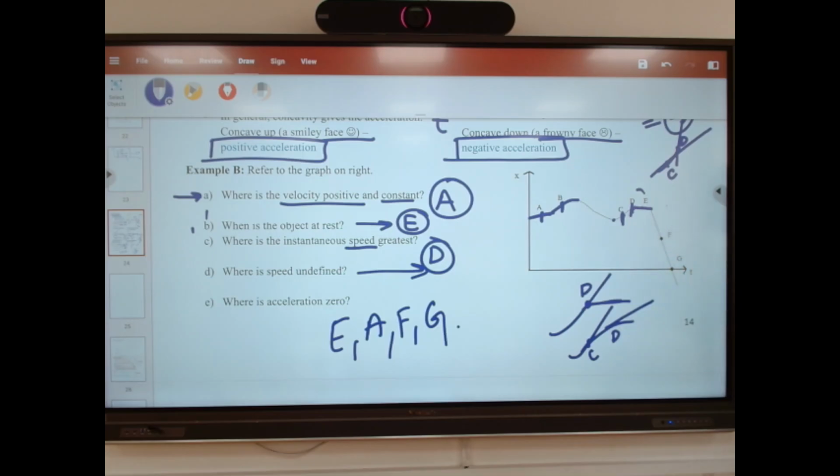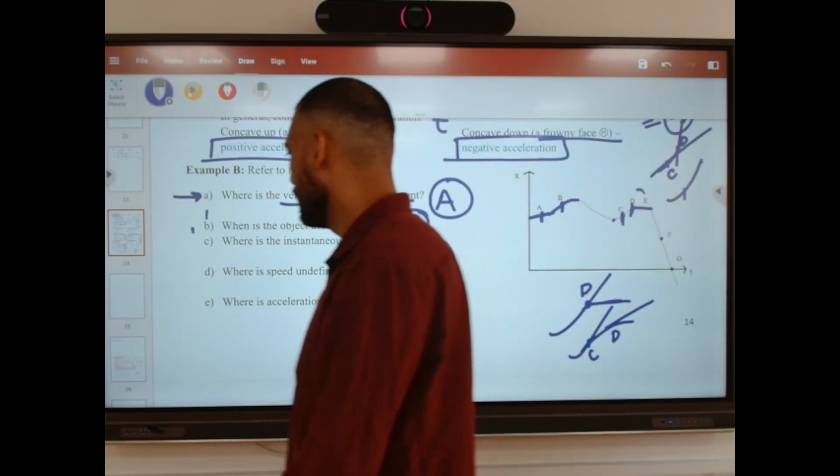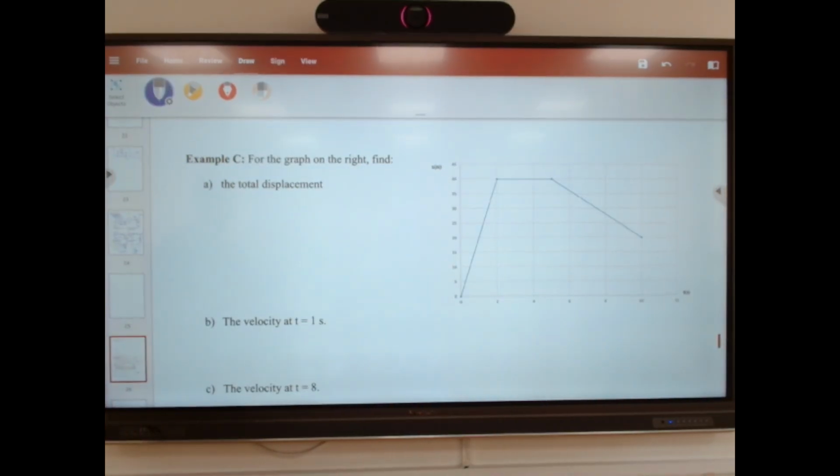But the graph is not like that. The graph is like this. C is here and D is here. Therefore, there is a problem. If the graph is something like this, then of course it is C. Clear? Okay.